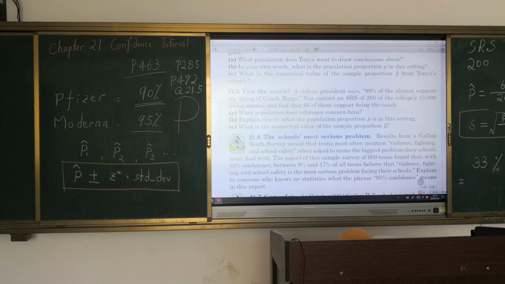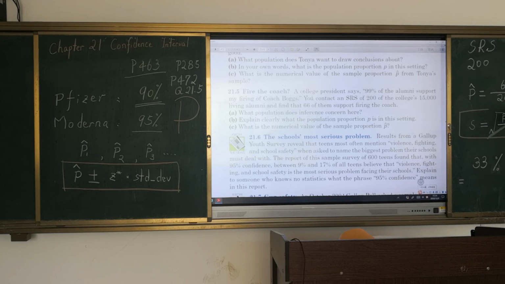So we choose 2 because most of the time we need a 95% confidence. If we want more confidence, then this will be 3. Then the range will be even wider.